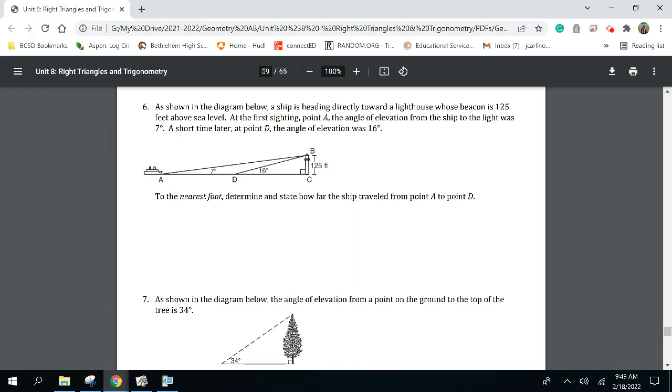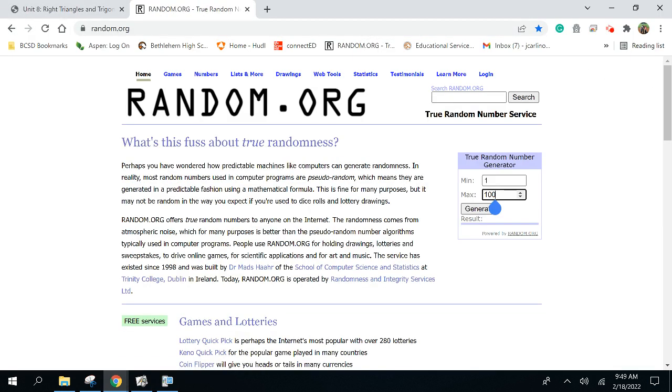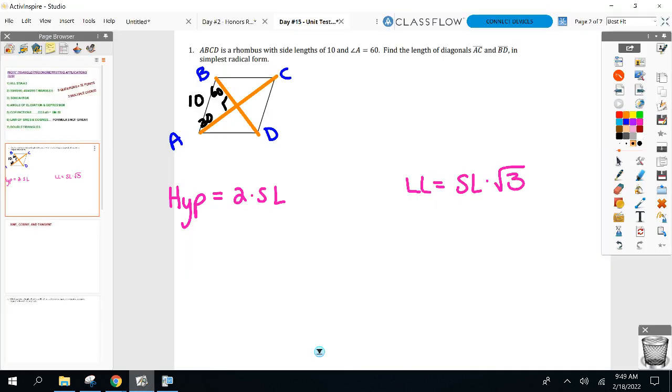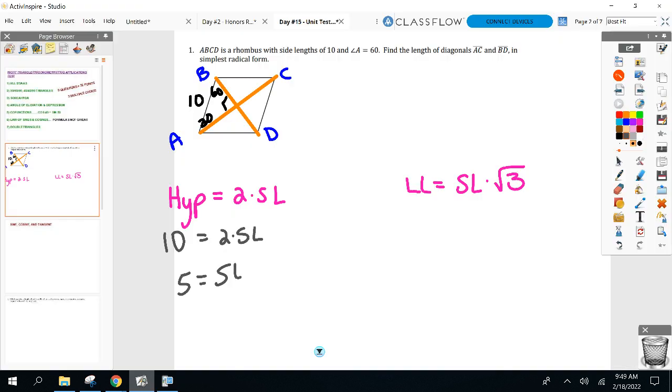That's the hypotenuse. So if I divide both sides by 2, the shorter leg will be 5. Remind me again, what angle is the shorter leg across from in a 30-60-90?